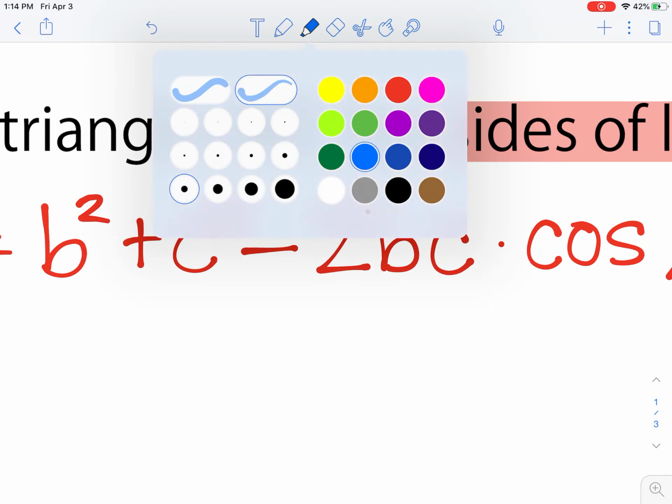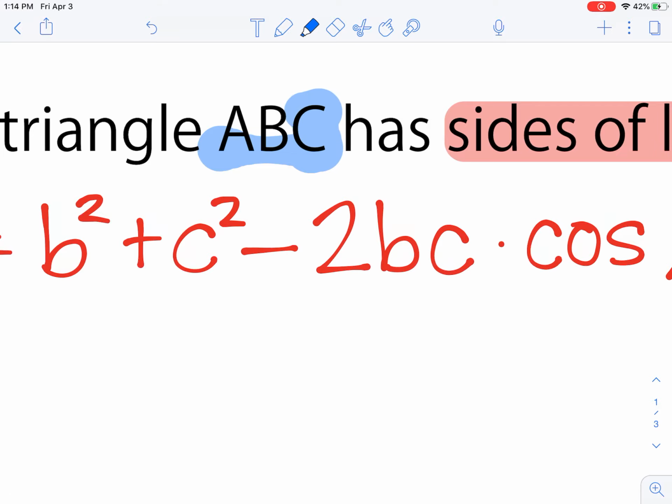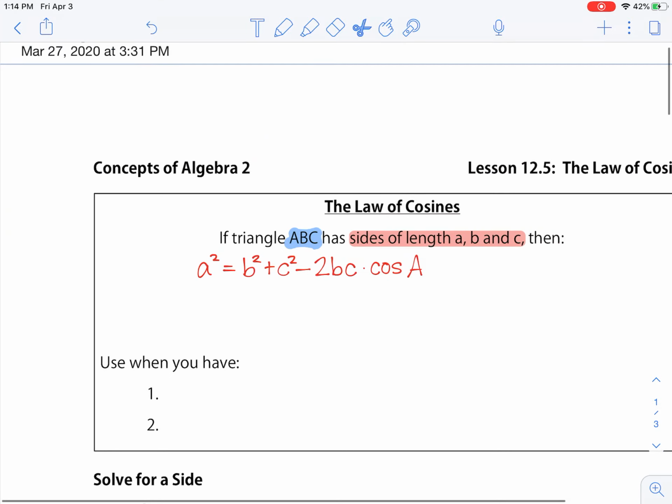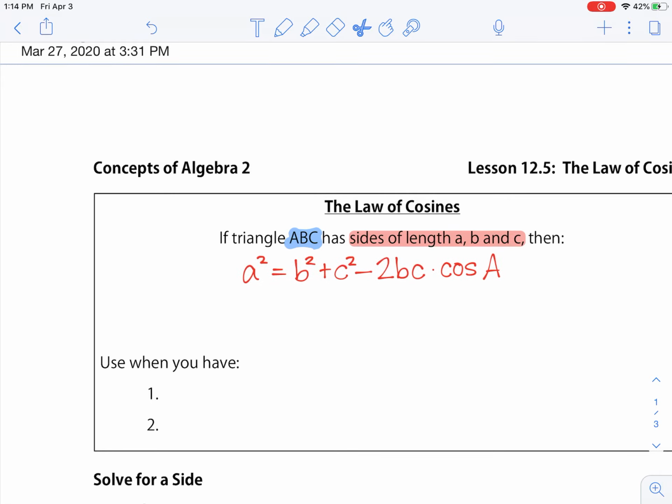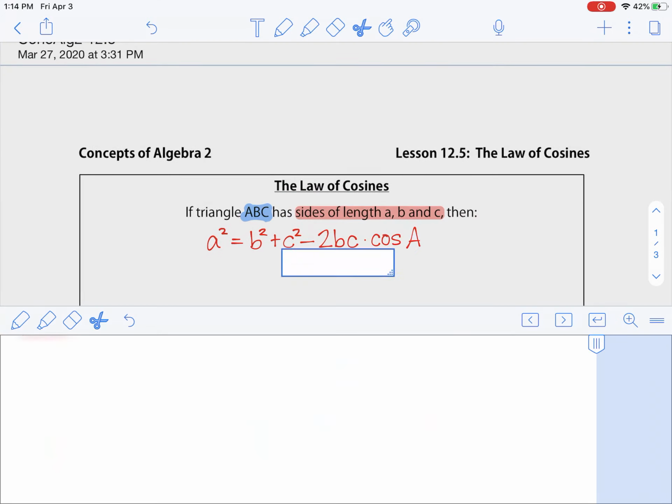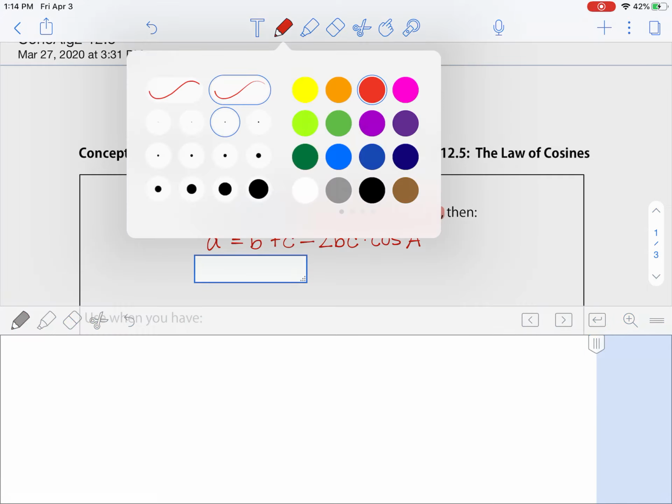When we use uppercase letters, we're referring to the angles or the vertices in the triangle. So this particular equation would be used if you were trying to find side a or angle A. The different versions of our law of cosines are just based on which side of the triangle you're trying to find.